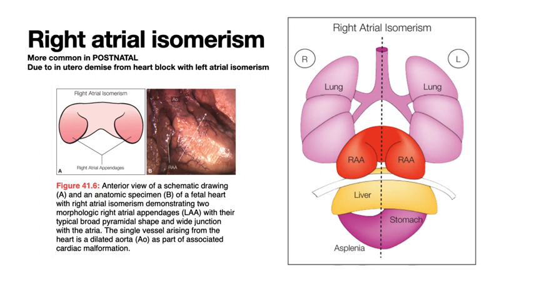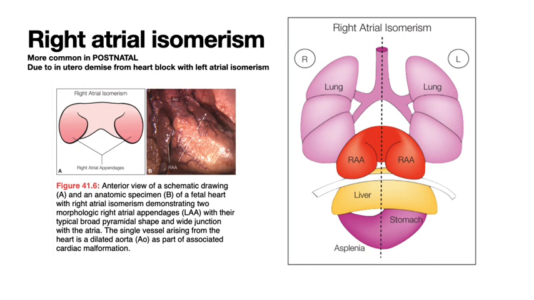Right atrial isomerism is more common in postnatal series. So I just said that in a fetus, left atrial isomerism is more common, but in newborns, they have right atrial isomerism more. Well, why is that? In general, anything that's different in incidence in fetal and neonatal life means one of them doesn't survive.